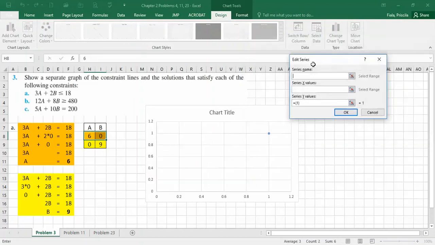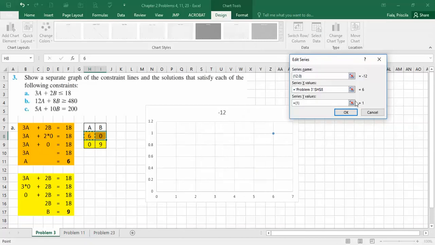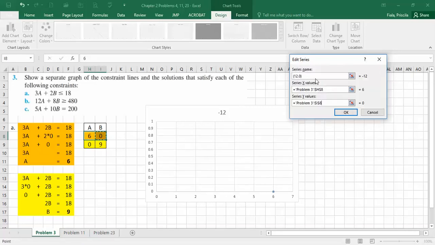So I'm going to add, and right here, I don't want to put a name. Or you know what? Let me go ahead and put it like this. This is the name where A is 6. See why I didn't want to put a name? Because it put it as a title. And B is 0. Okay. Let me go ahead and delete this. Do OK.